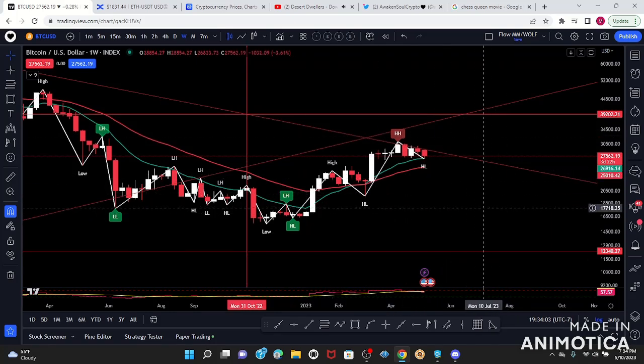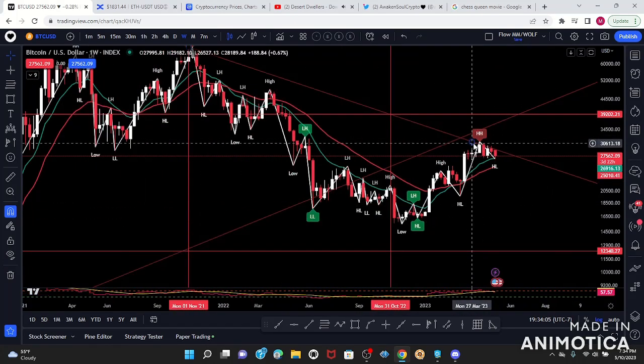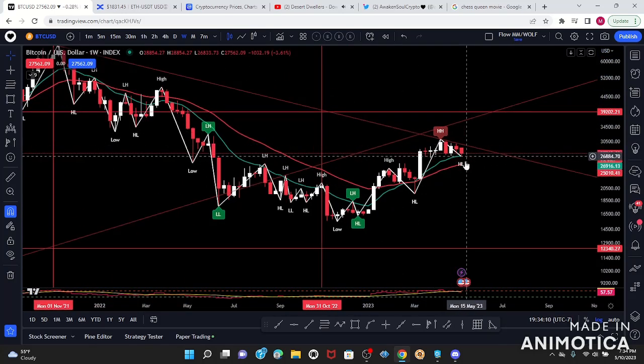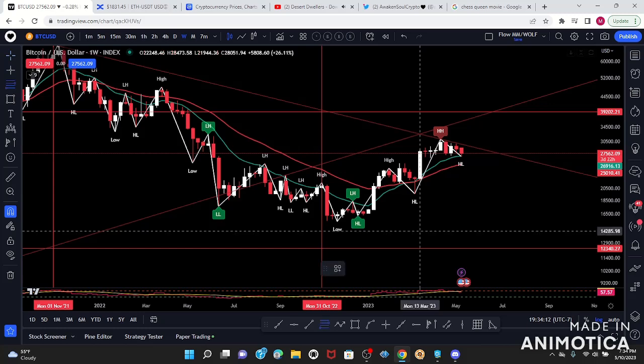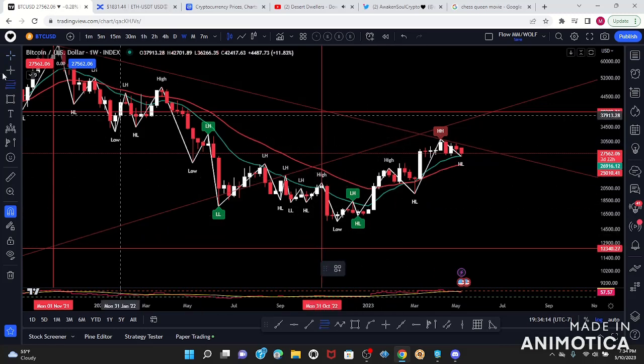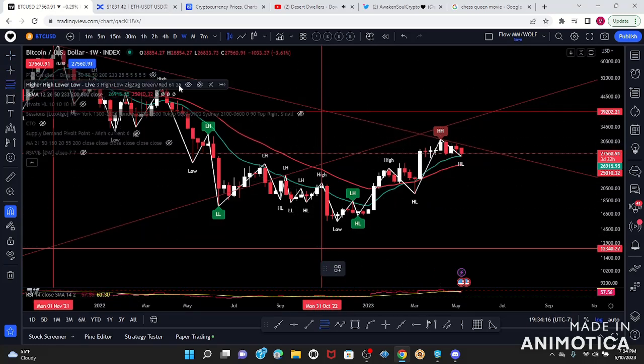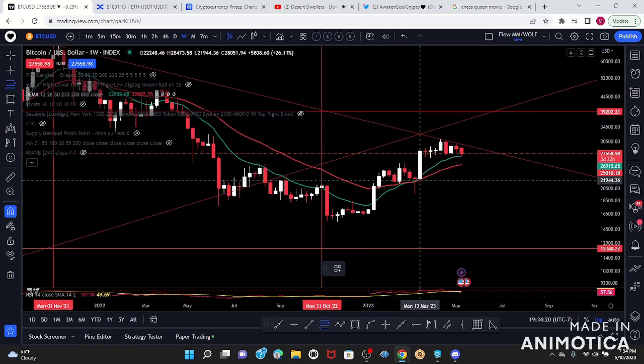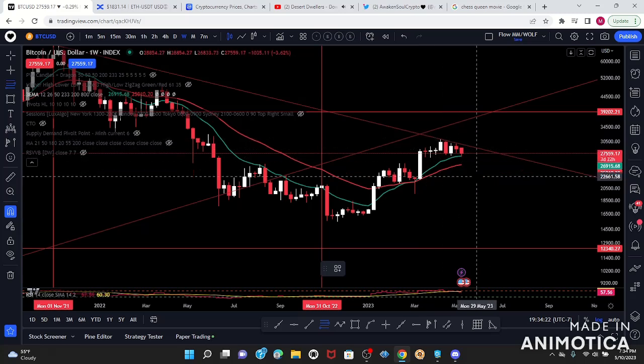The 12 and 26 are bullish. Definitely something to consider. We could definitely see a retracement, just like we see this pump. Just like we had this little break up, then retrace, break up, retrace, right?